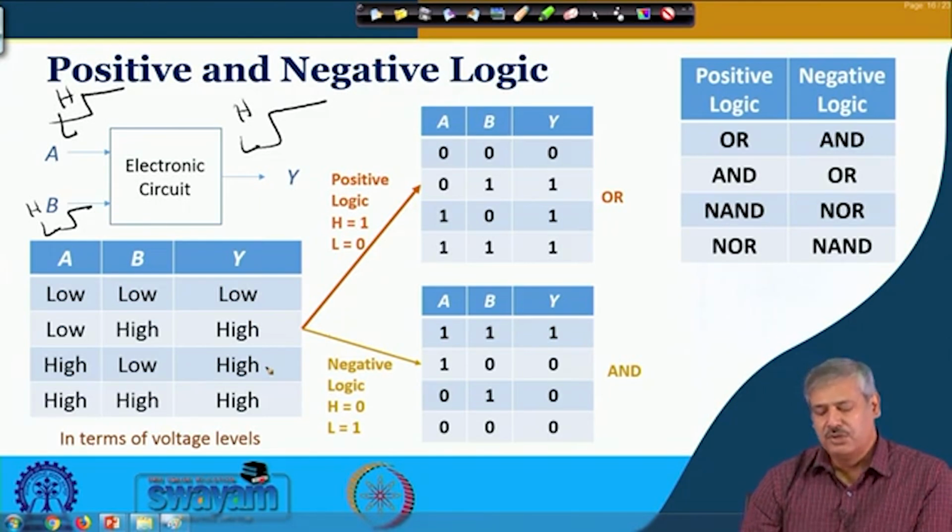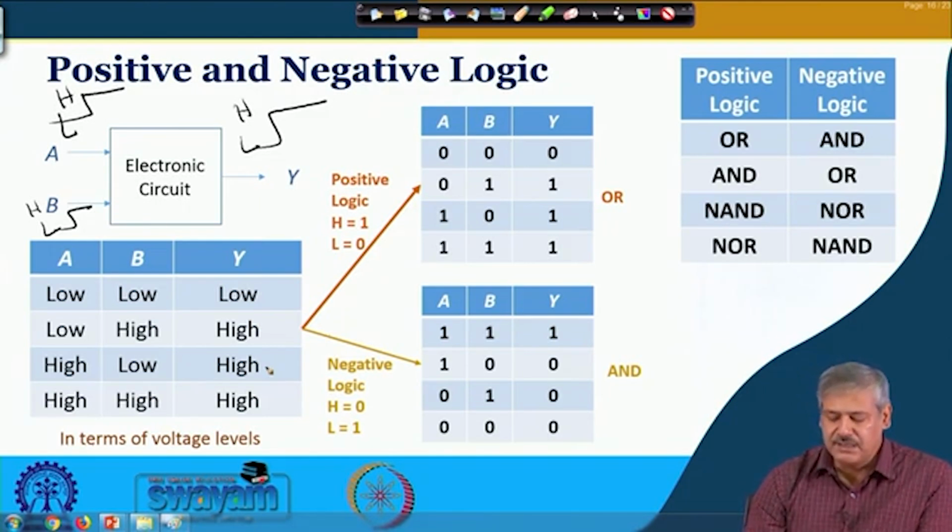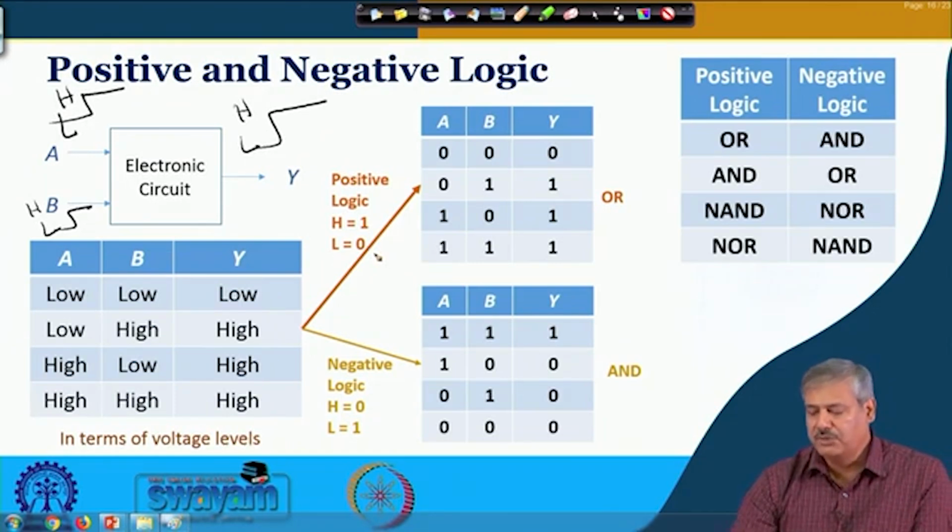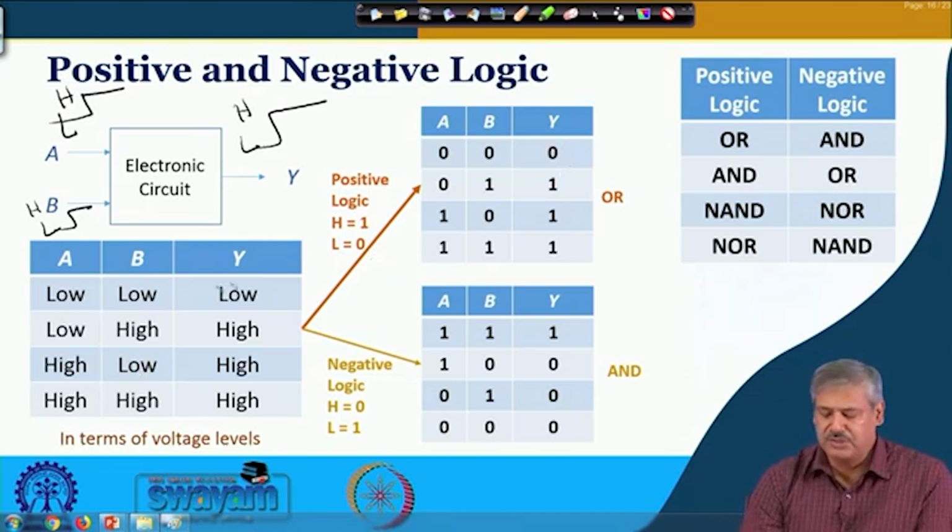So, if we consider high voltage as binary value 1, and low voltage as binary value 0, then this can be converted to a table like this: 0 0, low low, output is 0; low high, 0 1, output is 1, and so on and so forth.